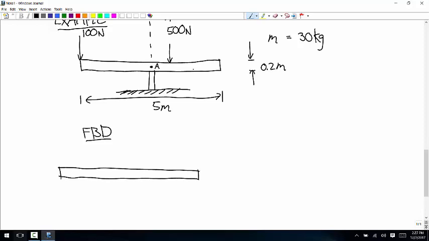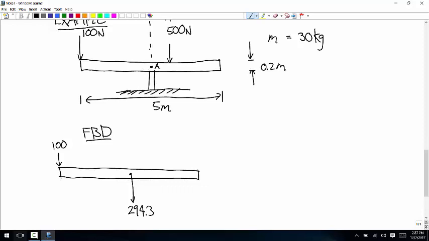So what forces are acting on this board? There's the 100 Newton force here. There's the weight acting right in the middle, that's 294.3 newtons. There's the unknown force coming from the axis.